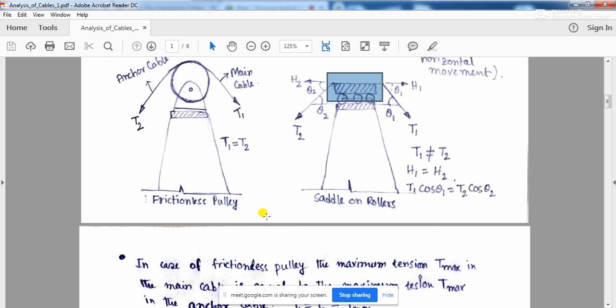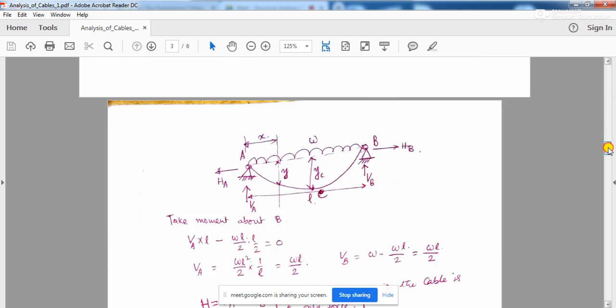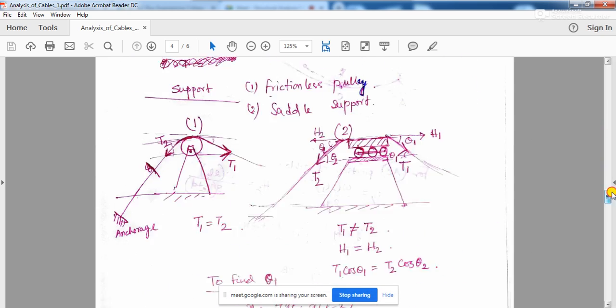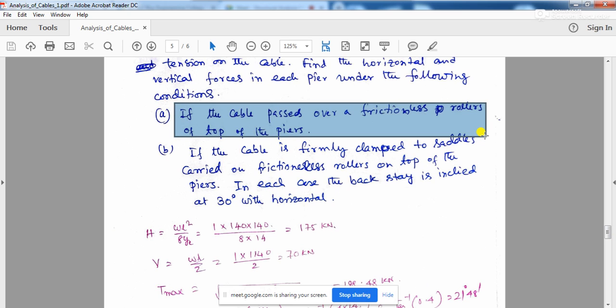So if I take the first case, you know that T1 will be equal to T2 because it is a frictionless pulley. If you go to the problem, in case of A, the cable passes over frictionless rollers on top of the piers.